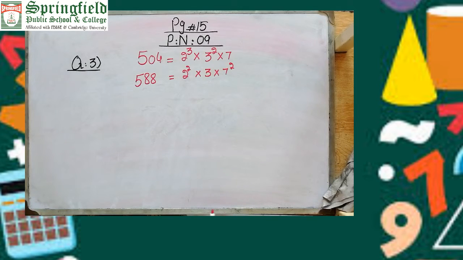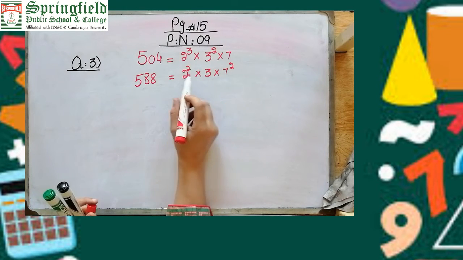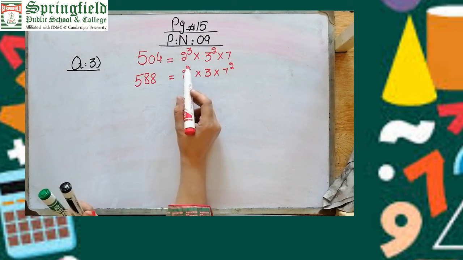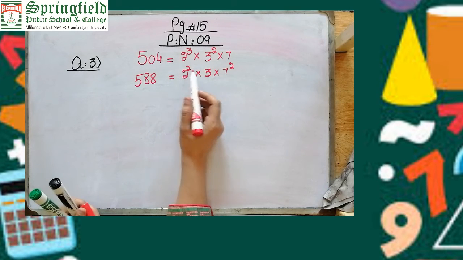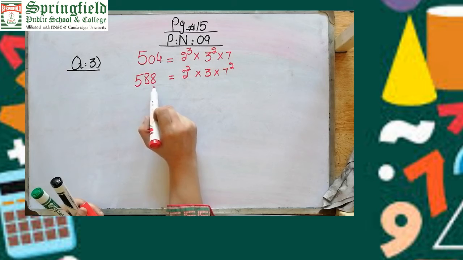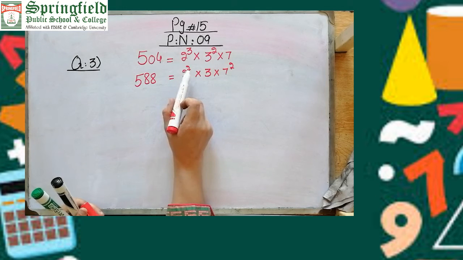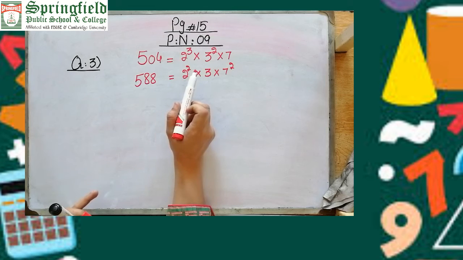Now keep in mind, beta, in HCF we will open the powers, the squares. But in LCM we will make the powers. In HCF we will open the powers, and in LCM we will make the powers.